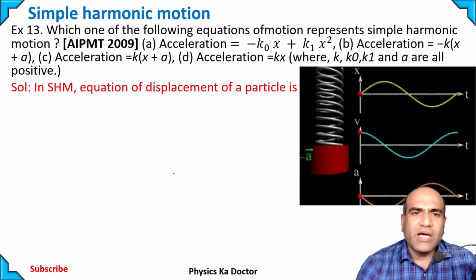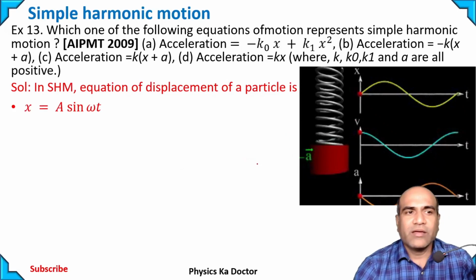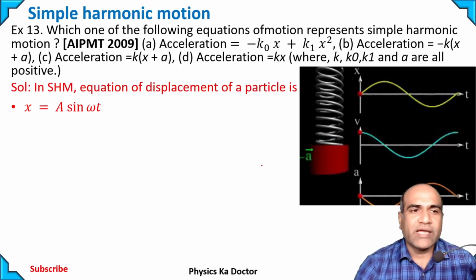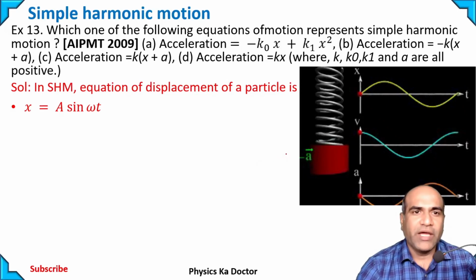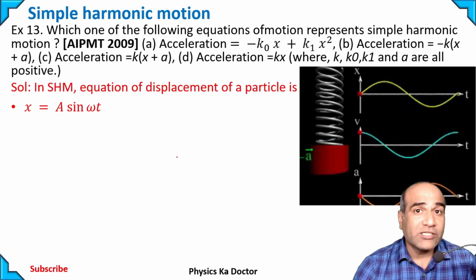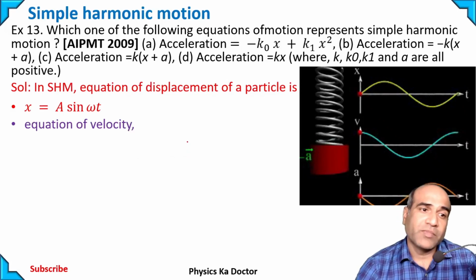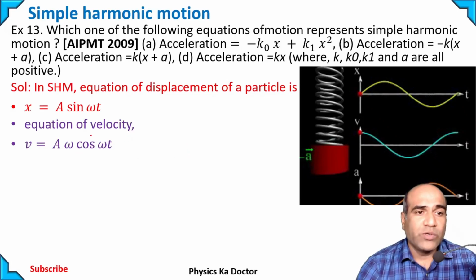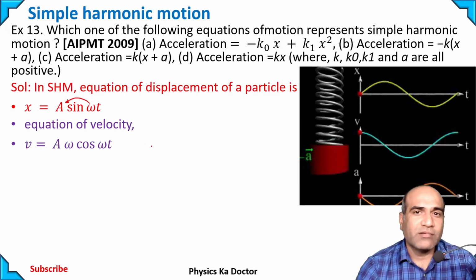In simple harmonic motion, we already know there are acceleration and velocity graphs. And we know that x equals a sine omega t is the general equation. If you want to derive the acceleration, we need to differentiate. So velocity is a omega cos omega t. And how about acceleration?